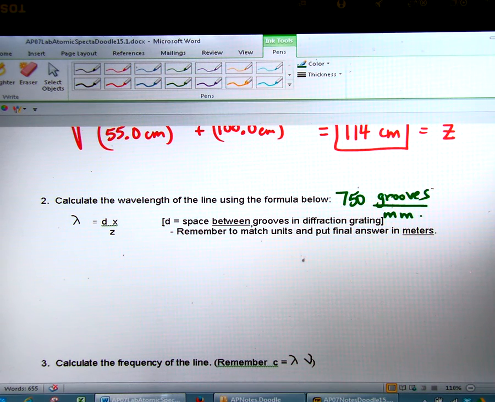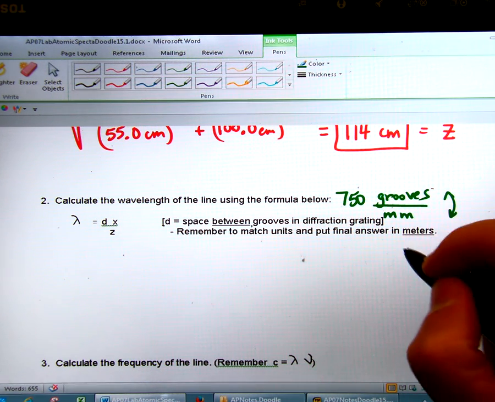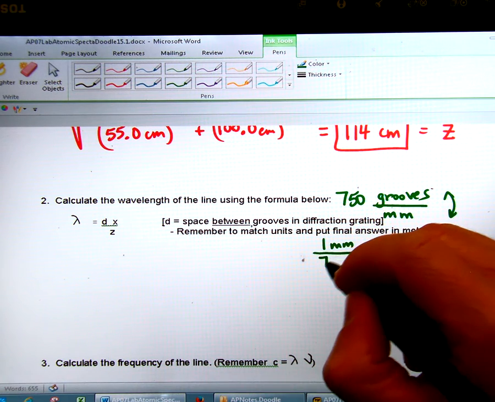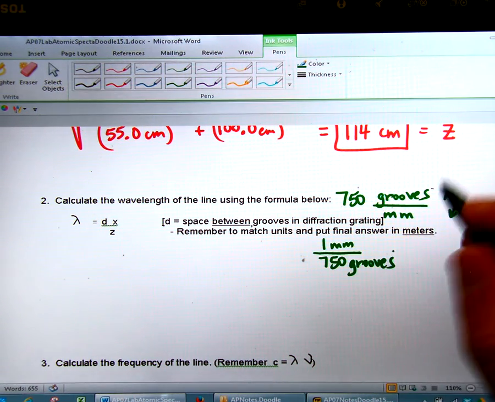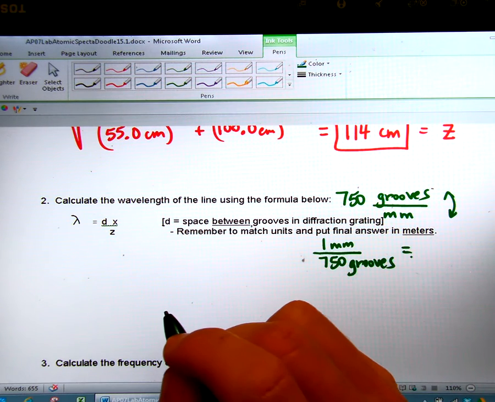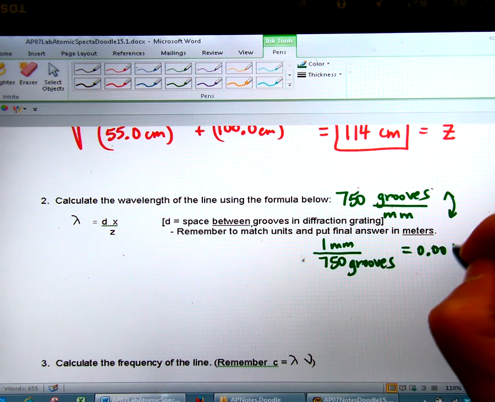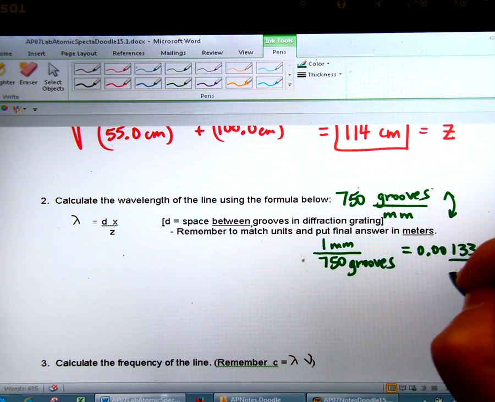But what you want to do is find the space between the grooves. So you have to inverse this and find out that you have 1 millimeter per 750 grooves. So when you do that math, you're going to get an answer of 0.00133 millimeters per groove.